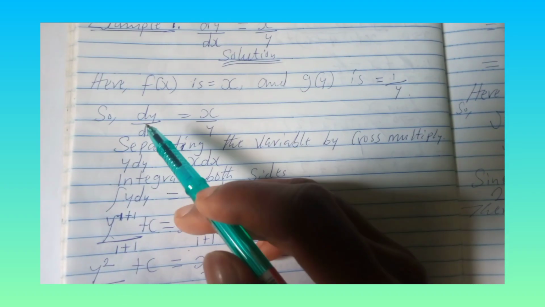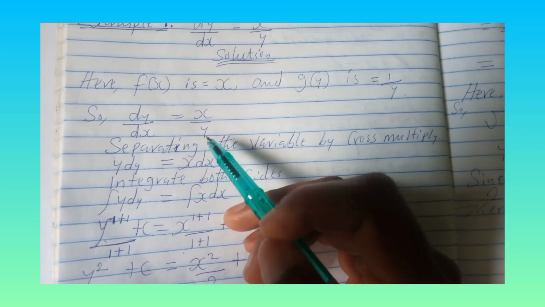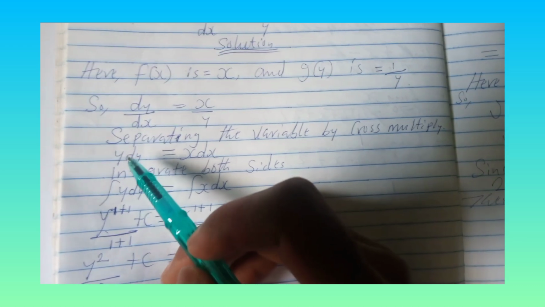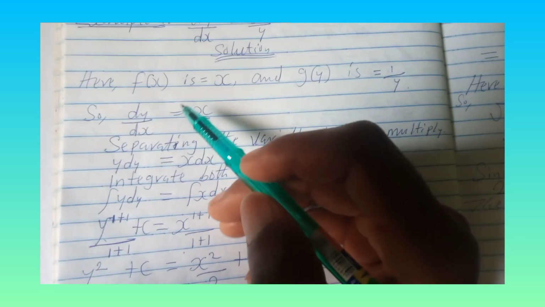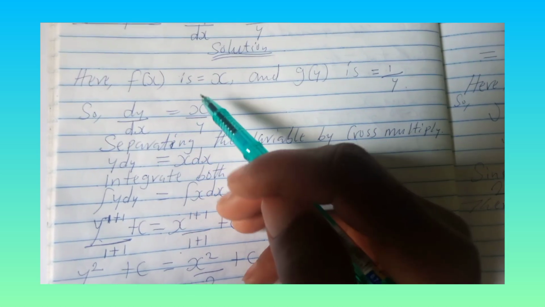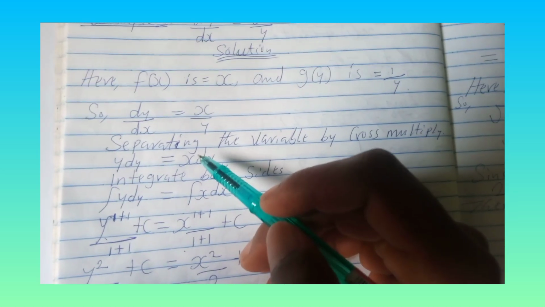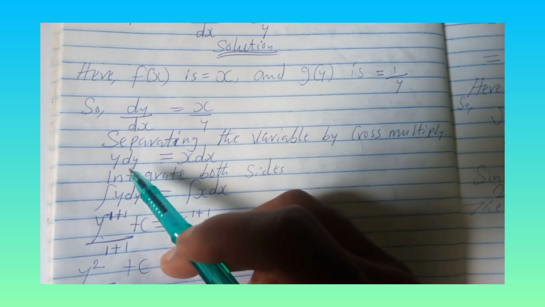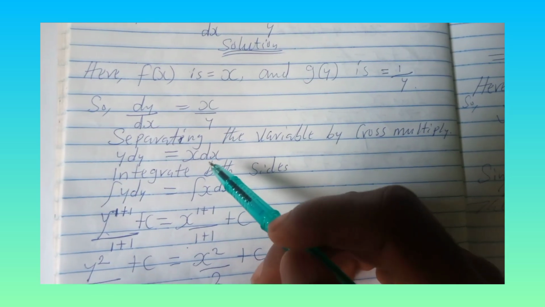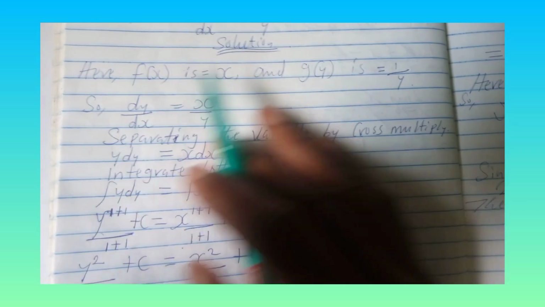So when we cross multiply, y times dy gives us y dy, equals x dx. Now we have separated them.